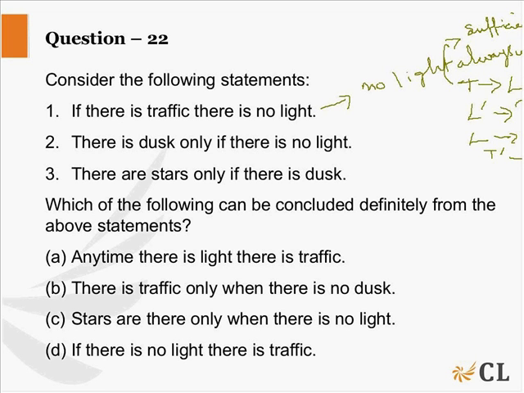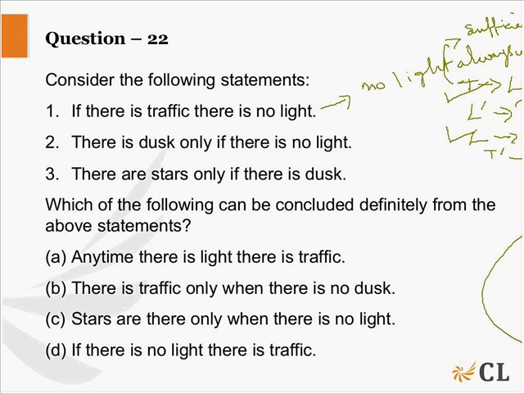Now what you should do is, once you have written this down, you should always look only at the certainties. This is a certainty, this is a certainty. Here, this is a certainty, this is a certainty. Here, this is a certainty and this is a certainty, right? So, now let's look at the conclusions. Anytime there is light, there is traffic.